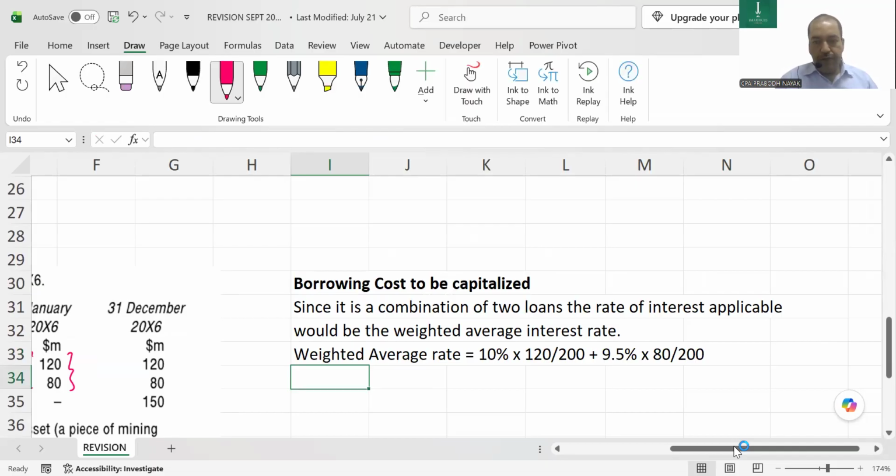So the first one, 120 by 200 into 10%, that is 12 divided by 200, is 6%.